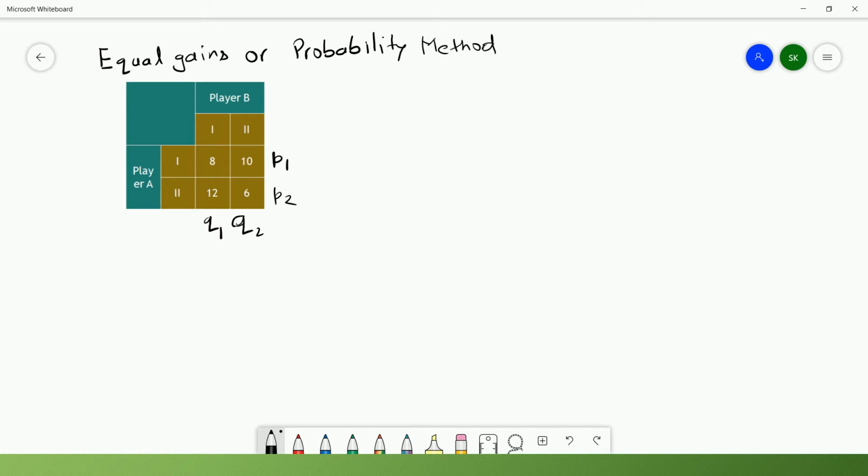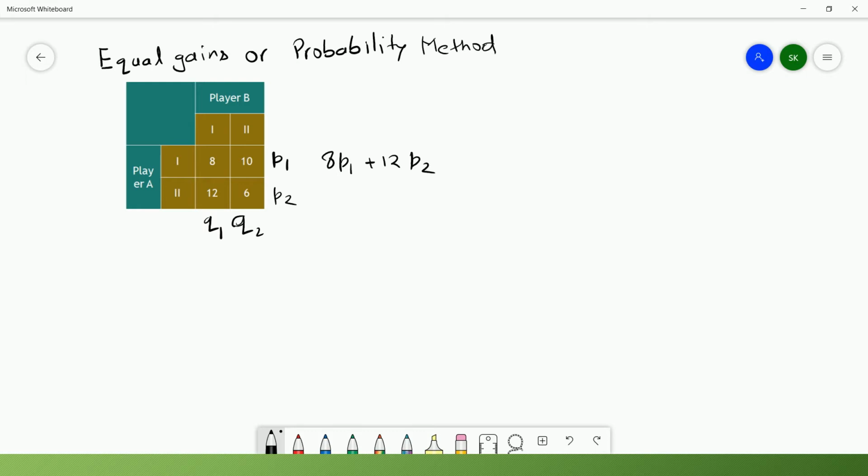That means player A will get equal gains against the player B strategy 1 or 2. To calculate the first equation, we will first consider the column. 8p1 plus 12p2.